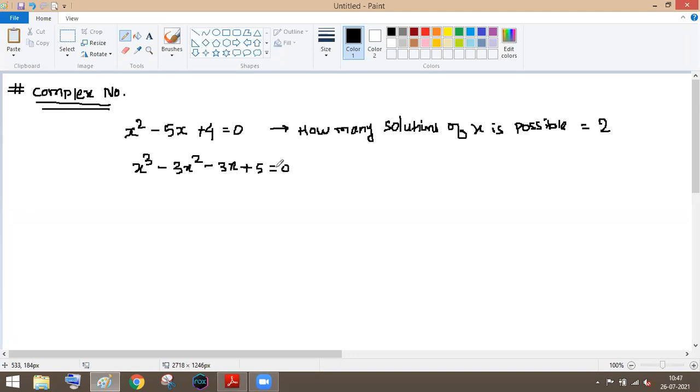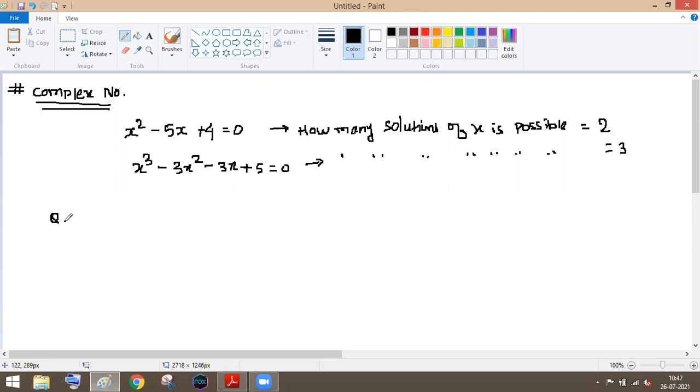Okay. Now if I ask you what is the degree of the polynomial or equation we have here, कितना है? The degree means highest power. Here the highest power is 3, so I can say that how many solutions of x are possible? The answer is 3.